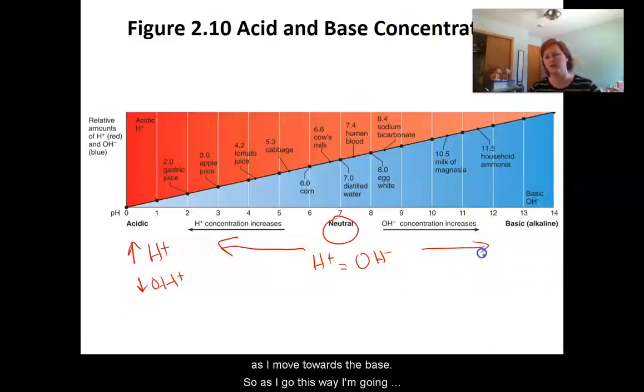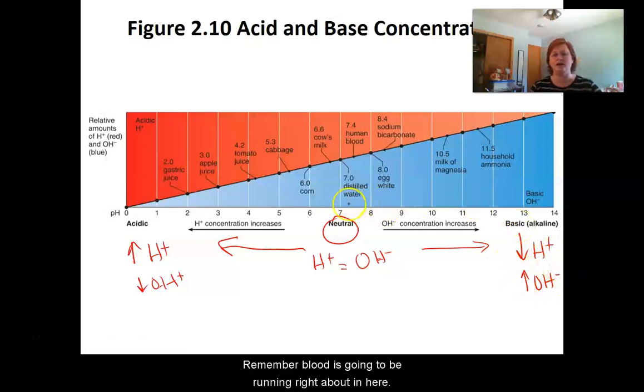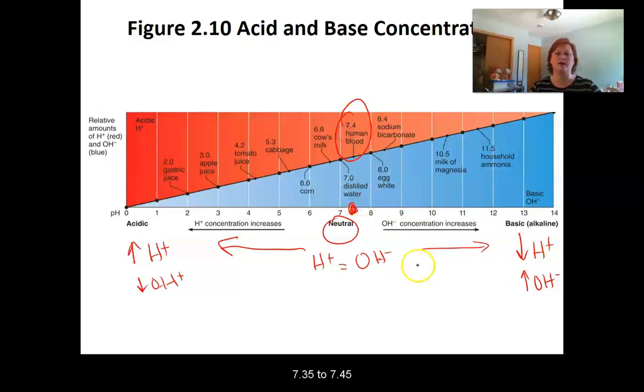As I go this way, I'm going to have fewer hydrogen ions and more hydroxide ions. Remember, blood is going to be running right about in here, 7.35 to 7.45. It's important that you stay there. You don't want to neutralize your blood because a pH of 7 would be lethal for you.